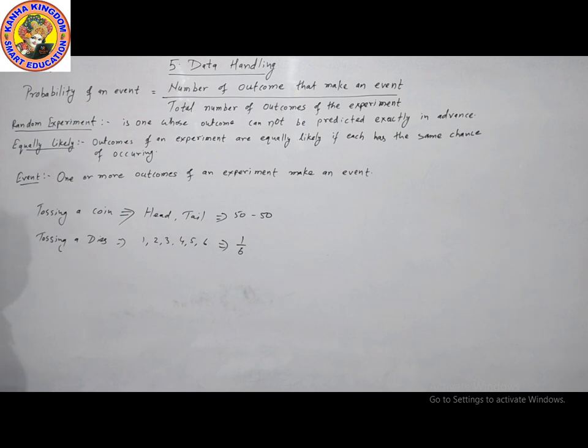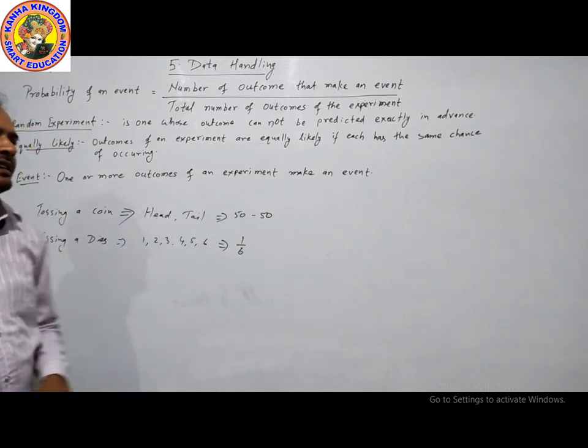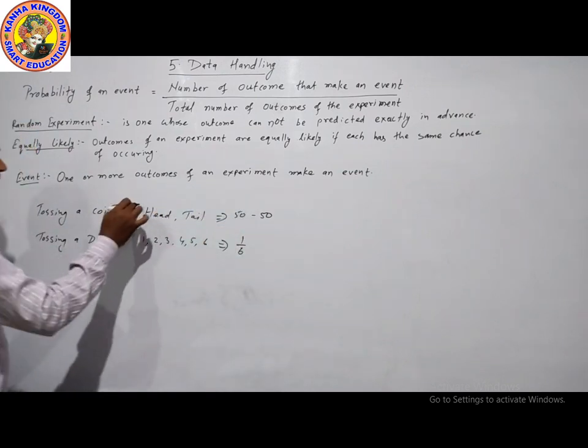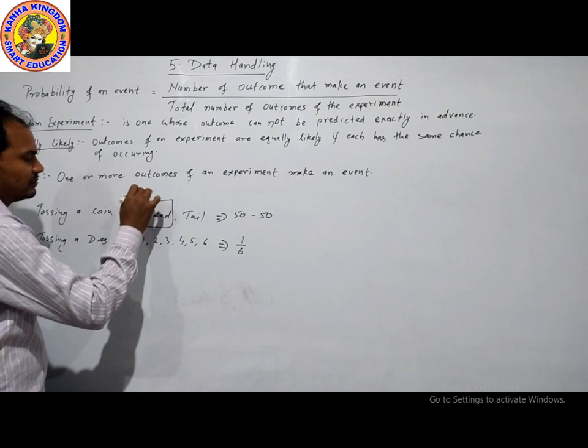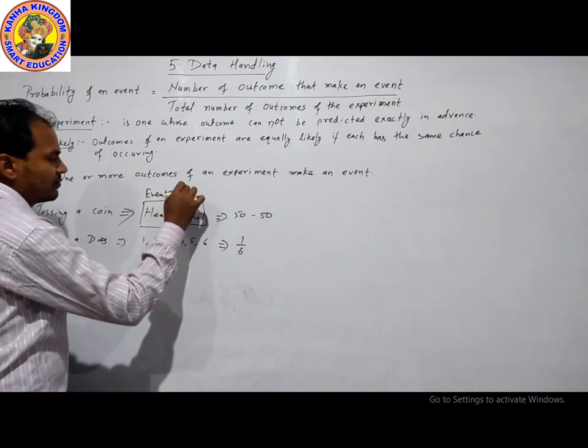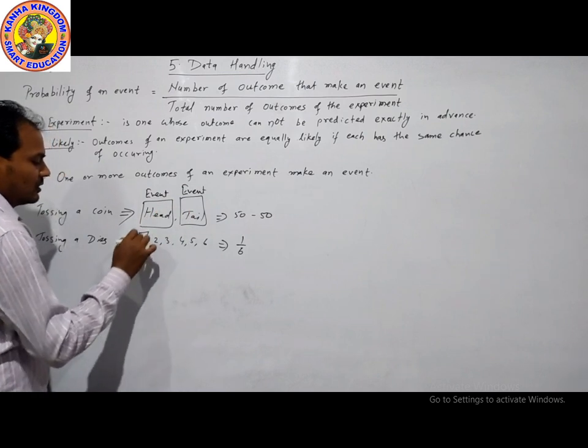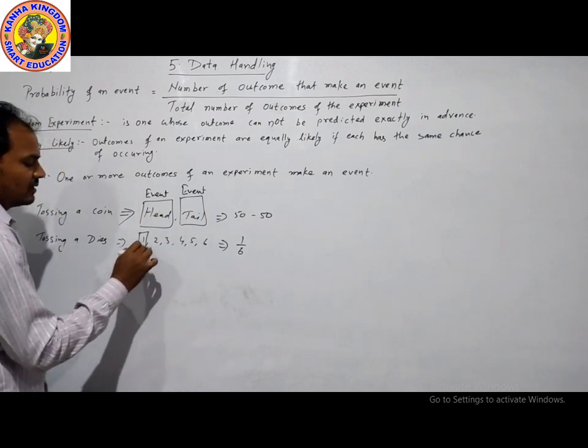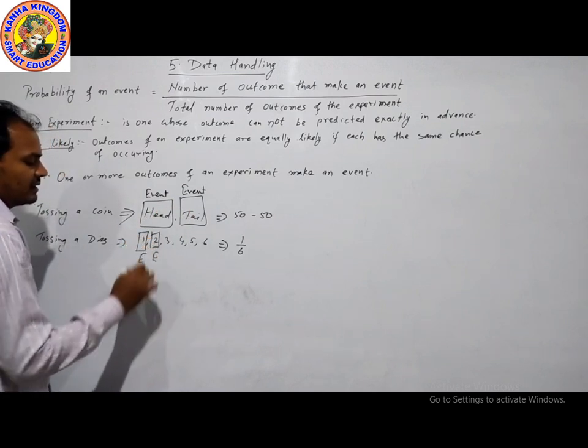The next definition is event. One or more outcomes of an experiment make an event. This is our event. This one is an event. This one is an event.